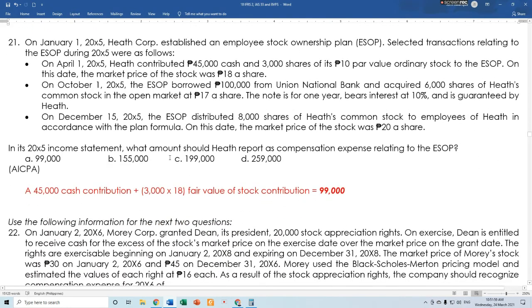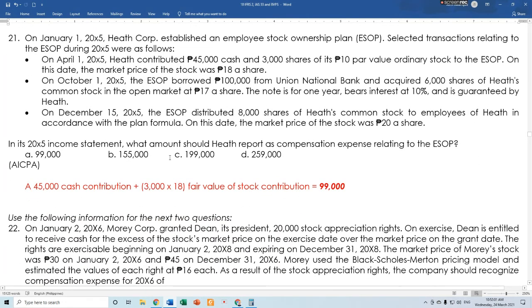Okay. 21 tayo. On January 1, 20x5, Health Corporation established an employee stock ownership plan. Selected transactions relating to the plan were as follows. Ang tinatanong sa atin, magkano ang compensation expense? On April 1, 20x5, yung employer nag-contribute ng 45,000 cash and 3,000 shares at its 10 peso par value ordinary stock to the plan.